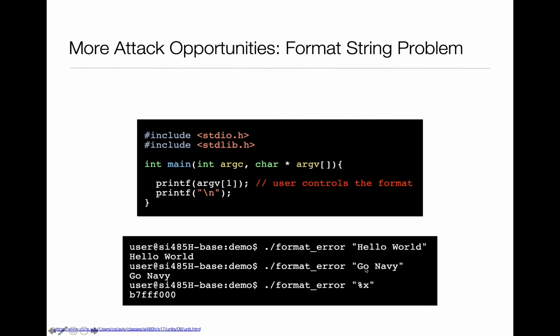And if we say something like go Navy, it'll print out go Navy. But if we pass it this %x, it's going to print out the hex of whatever the argument is after this. So in this case, it prints out some address here, which most likely corresponds to the hex values associated with this function called here.